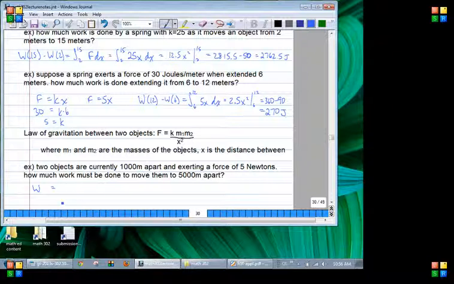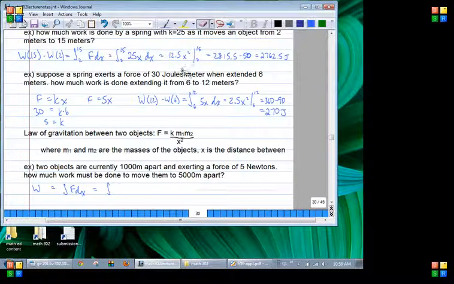Well, what's the relationship between work and force? Right. Force is the derivative of work. Therefore, if we're trying to find work, you have to do the integral of f dx. That's the general rule. Now, what do we have to do specifically in this problem? The integral of what?